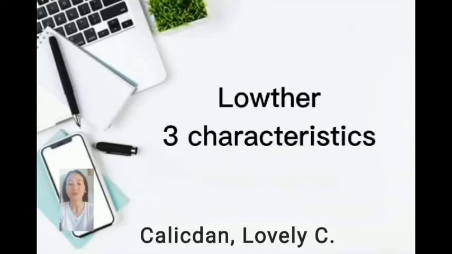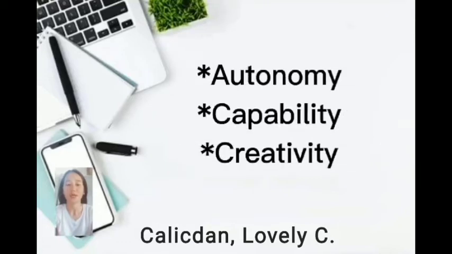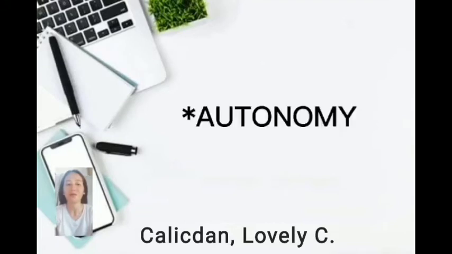According to Lauter, there are three important characteristics needed to develop quality teaching. So these are autonomy, capacity, and creativity. So autonomy means that students take control of their learning through the use of ICT.